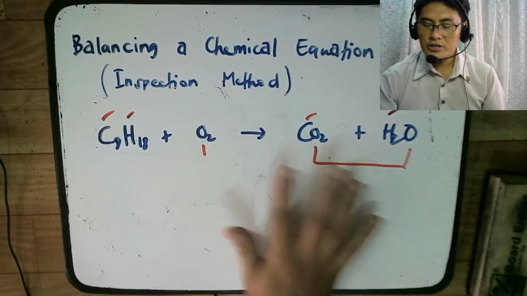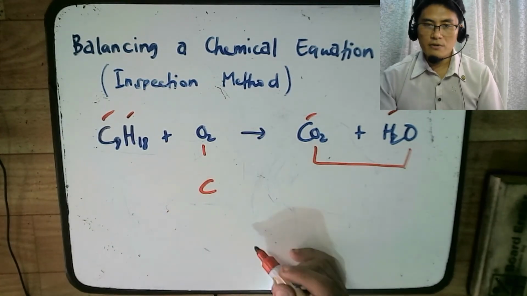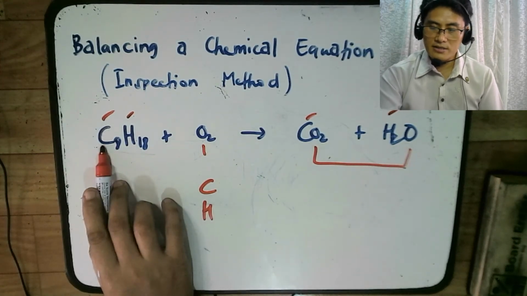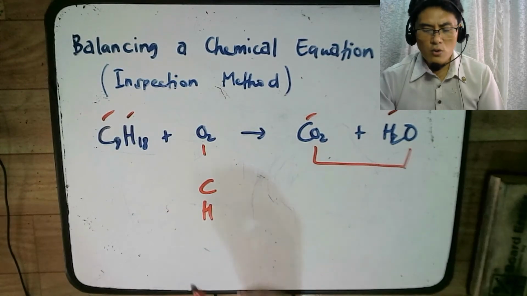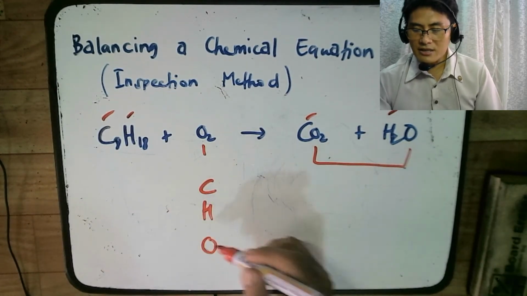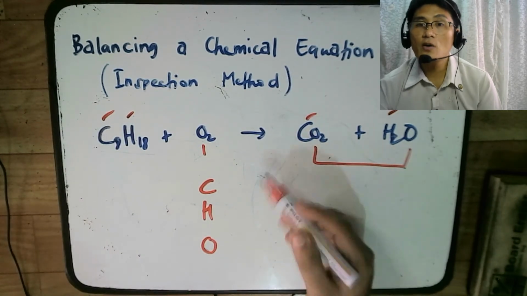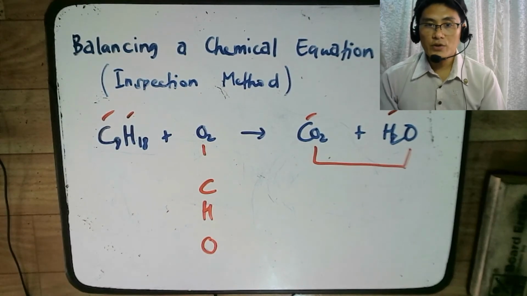In this case, oxygen is found in multiple places. So it would be suggested that you adjust first the carbon and the hydrogen, because both of them appear only once on the reactant side and once on the product side. And then always put in the last priority atoms that are found in multiple places, because that would be very difficult to do.